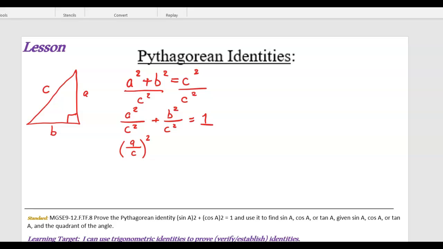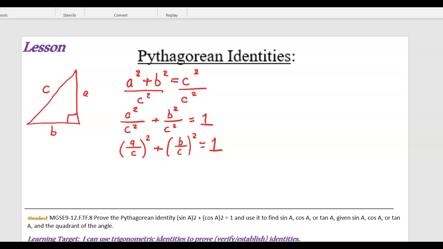And if I were to do a over c times a over c, I would get a squared over c squared. So all I'm doing right now is just manipulating the equation. So every one of those equations is just a manipulation of the Pythagorean theorem. Given a right triangle, a squared plus b squared equals c squared.